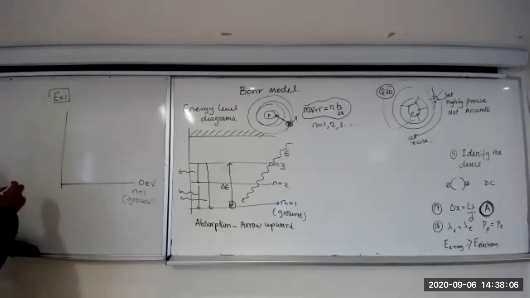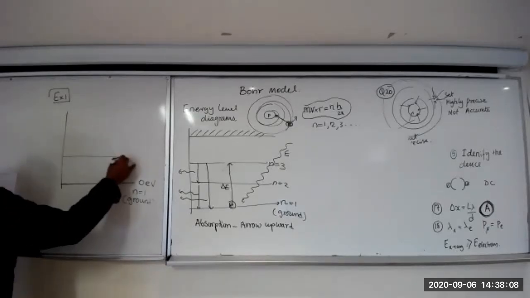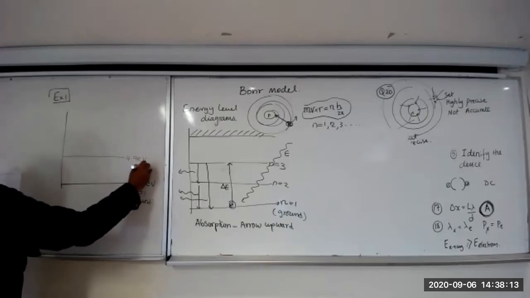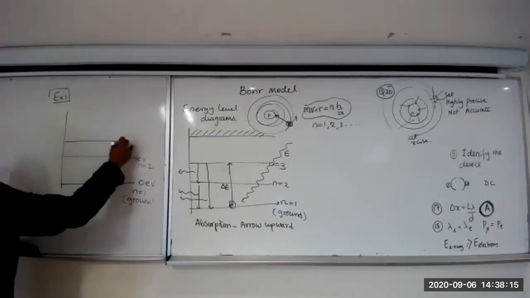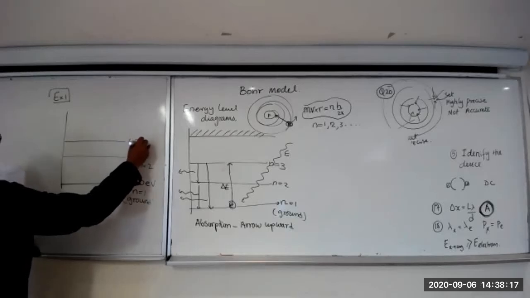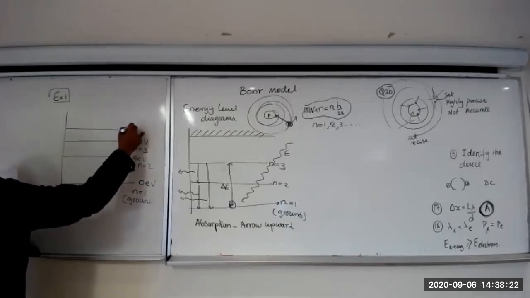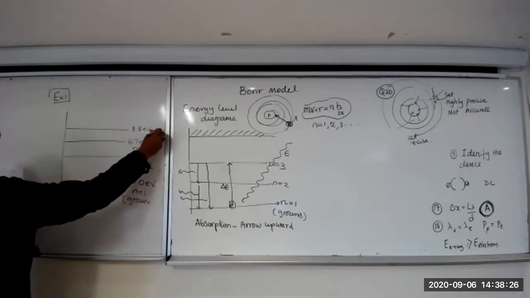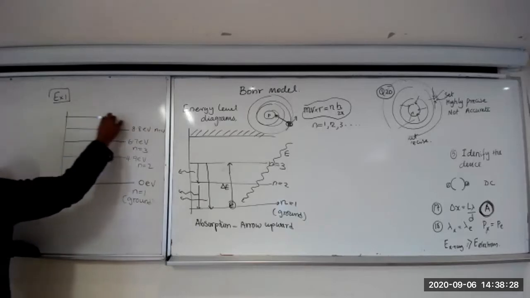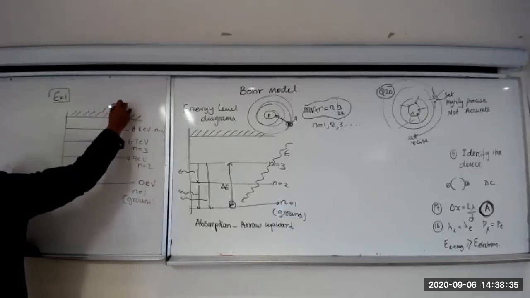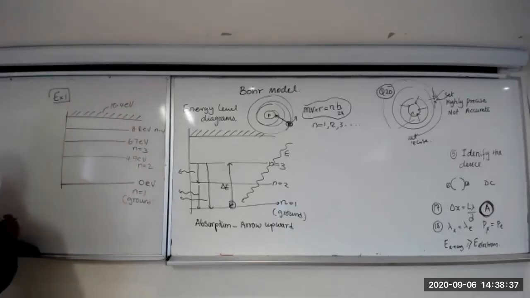And then you have 4.9 eV, the next energy level, n equals 2, 6.7 eV, n equals 3, 8.8 eV, n equals 4, and so on. And that's the ionization. When it reaches there, it never comes back. At 10.4 or above, it will absorb and leave.